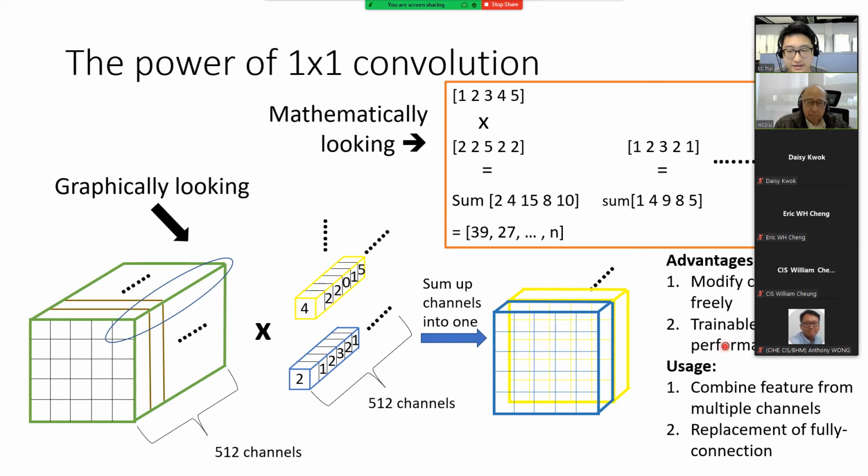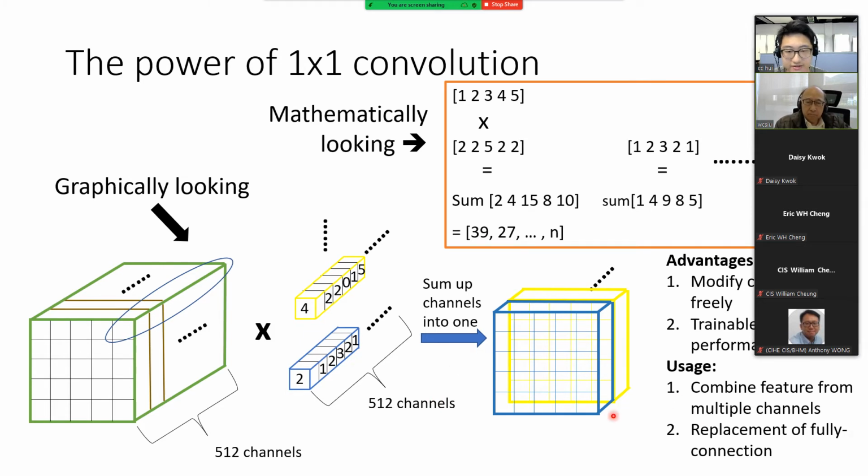Second, this one by one kernel also contains weights, the parameters, so it is actually trainable. Depending on our training samples, it can perform different usages.